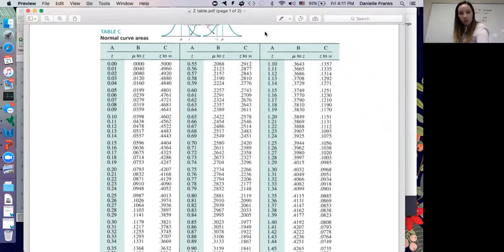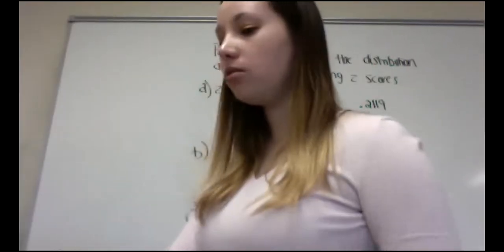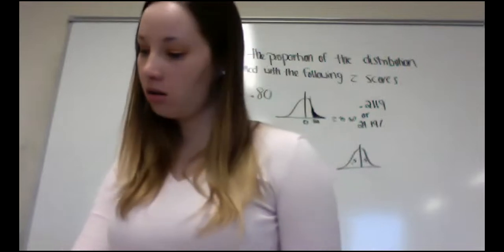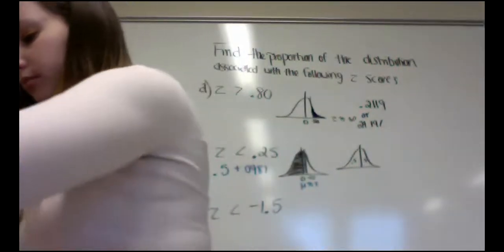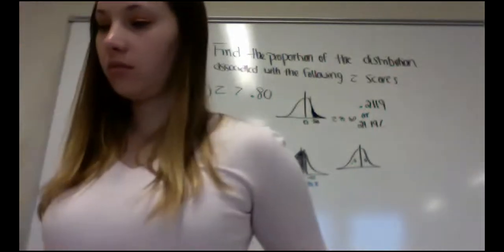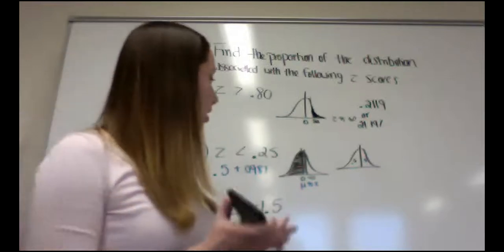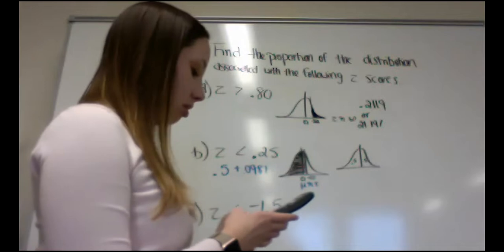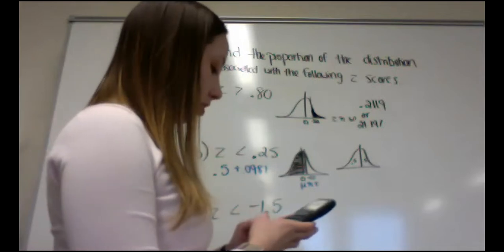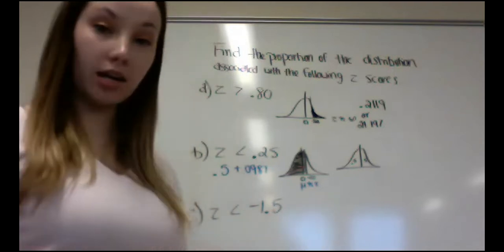So let me stop sharing so we can see the screen better. When you do that addition, let me get my calculator. 0.5 plus 0.0987 gives us 0.5987.